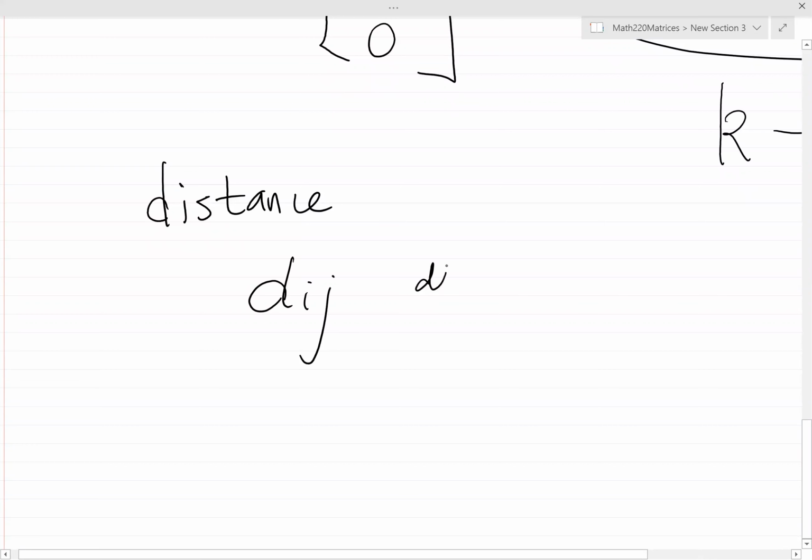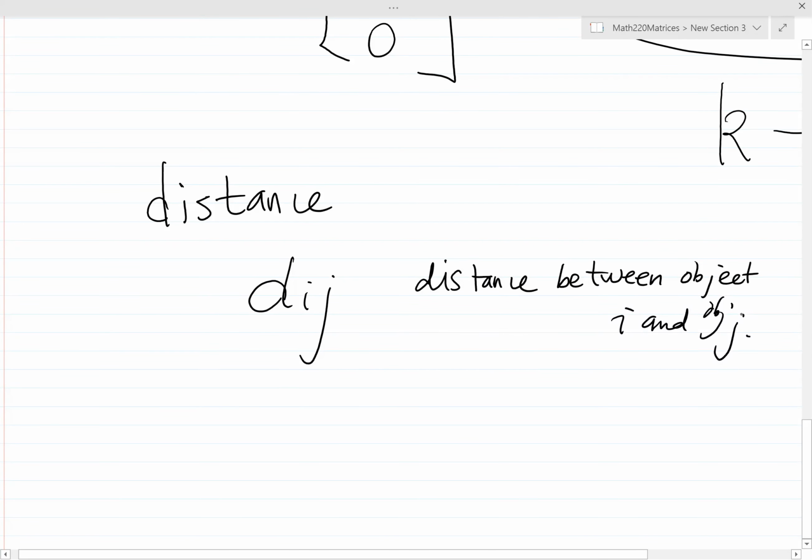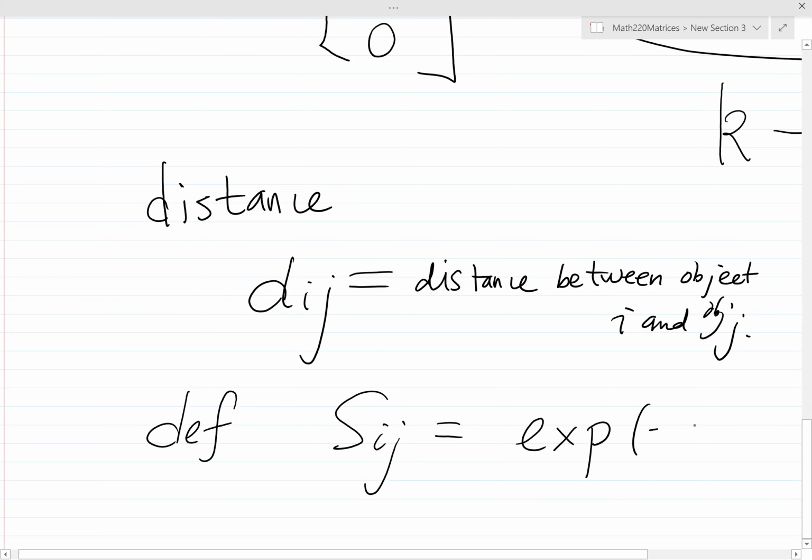dij is the distance between object i and object j. Then, for instance, a good example is to define Sij, since distance is non-negative, as exp of negative distance.